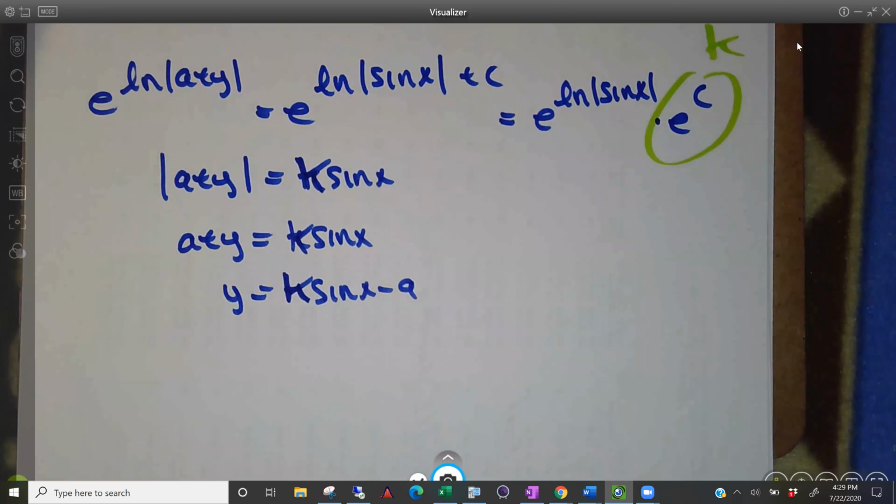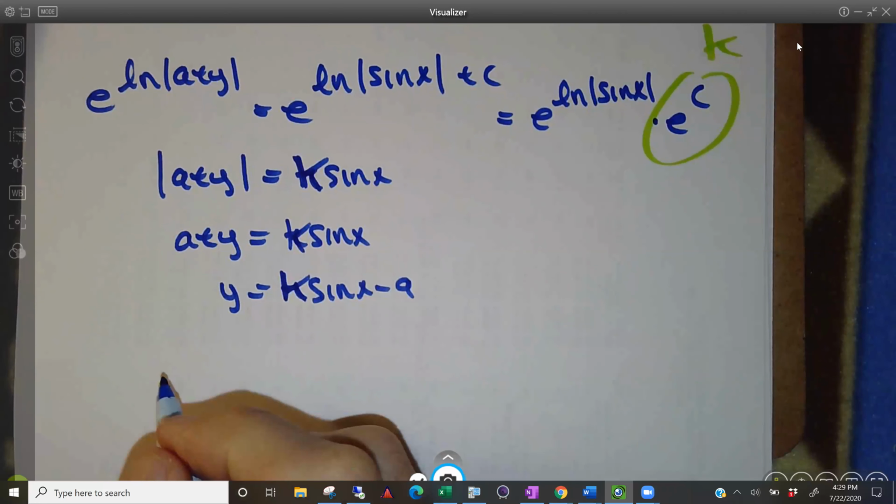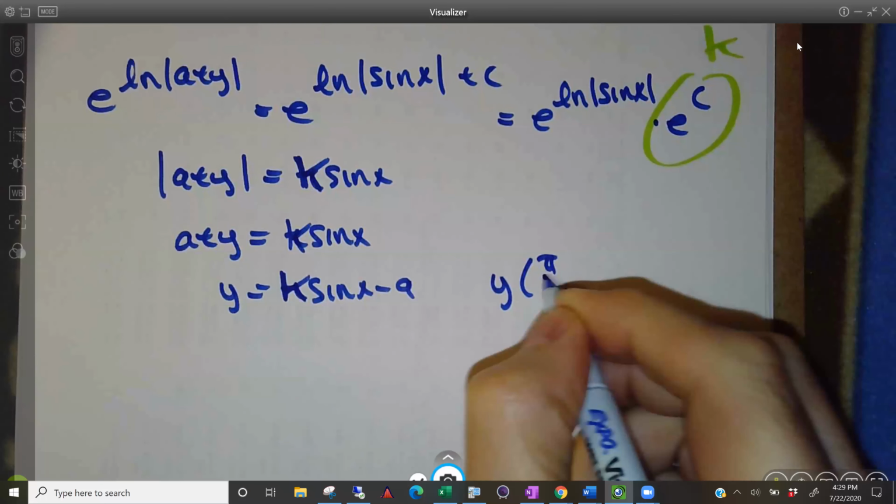All right, so a little bit of work left to do then. We have to solve for k. For that, we're going to use our initial value. The initial value was that y of pi over 3 was equal to a.